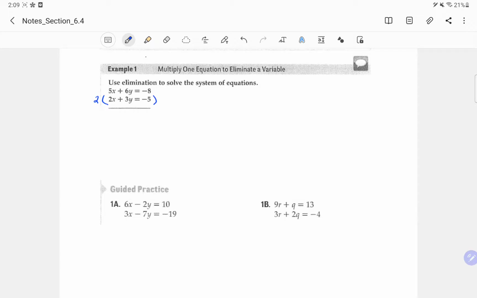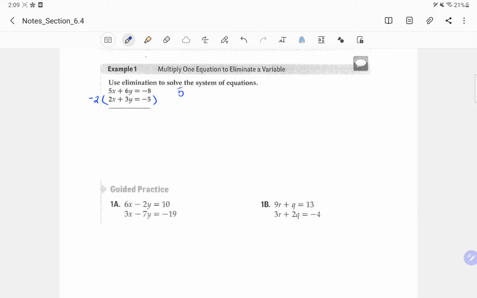Okay, but remember, our goal is to make things eliminate. So I don't want to just make these two things the same. I want them to be the same but with opposite signs. So this is a positive 6. So I want to make this one a negative 6. So to turn 3 into negative 6, I don't multiply by 2, I multiply by negative 2. Okay, and then rewrite your two equations.